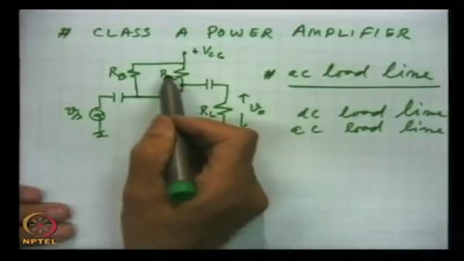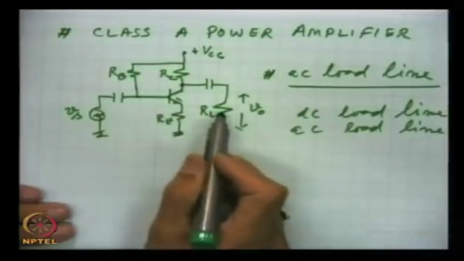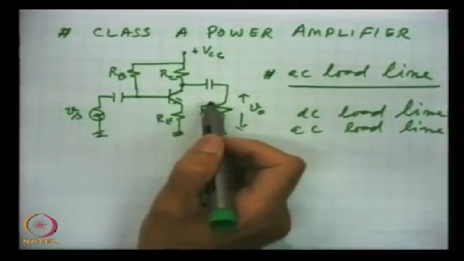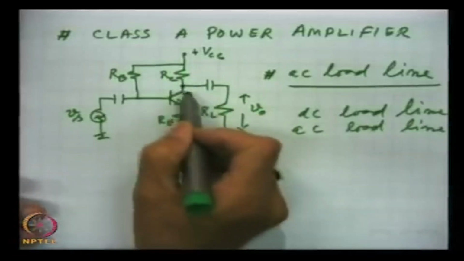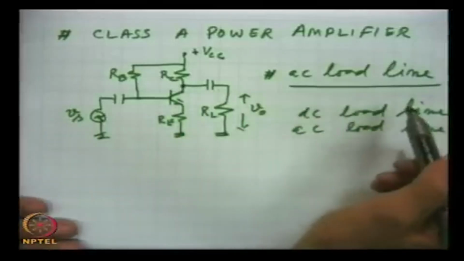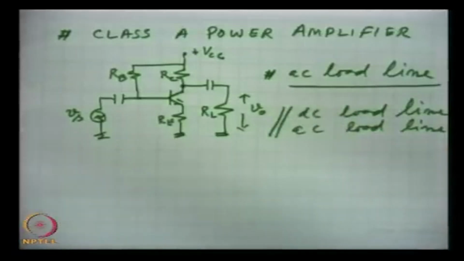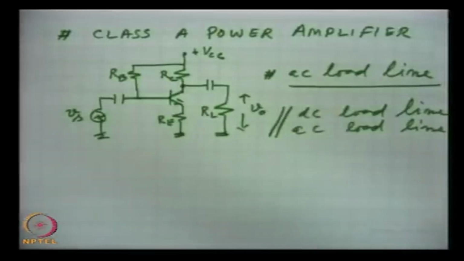If this is 100 ohms and this is 100 ohms, then the effective resistance will be 50 ohms. So, while the collector sees 100 ohms for DC, for AC it will see 50 ohms, and hence the AC load line and DC load line are different, because the impedances seen by the collector at DC and at AC are different. So, we require the AC load line, which is very useful in the analysis.